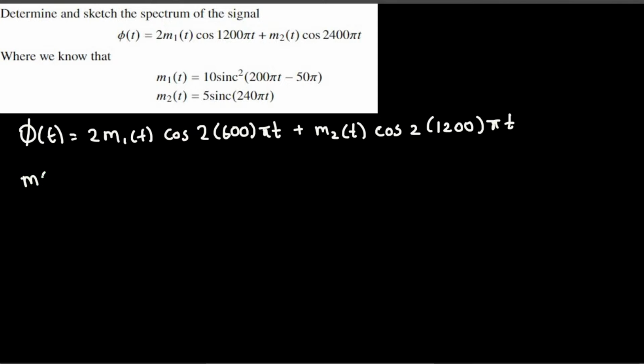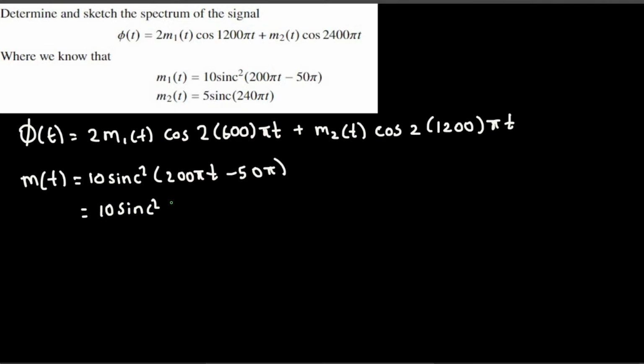So m1 of t is given by 10 sinc squared of 200 pi t minus 50 pi, and here we can do one more thing. We can take 200 pi common in the sinc squared.